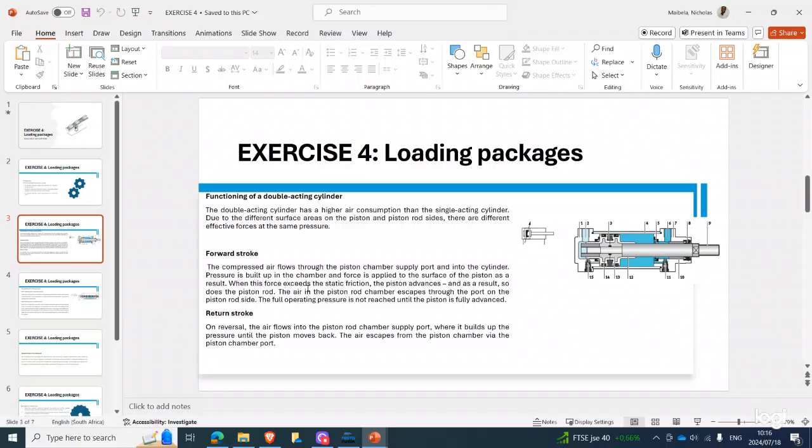When this force exceeds the static friction, the piston advances as a result, and so does the piston rod. And then the air in the piston chamber escapes through the port on the piston rod side, right?